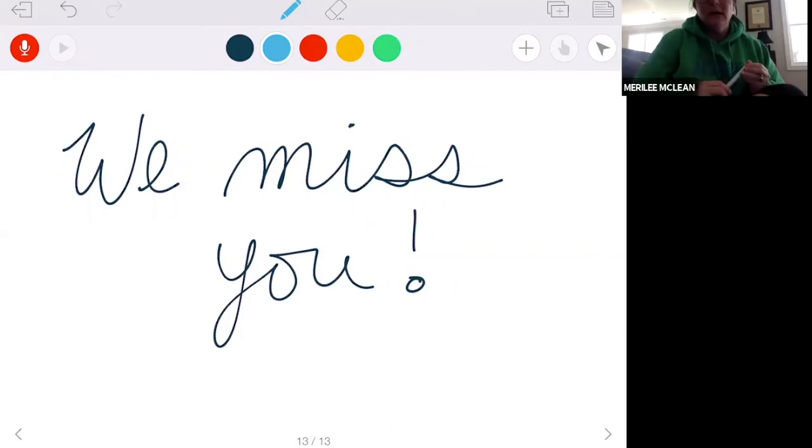I have a little Nearpod I need you to do that has me explaining what I want you to put in your interactive notebook with another example and a little exit ticket just to see where people are at. I don't want you sweating it. We just started it, but it will tell me what to do with groups for tomorrow, okay? So you do your best, try really hard. I love you. I miss you, Riley W. I'm proud of you. I could only see a few kids. I'm sure there are a lot of you that were rocking it. I just happened to see him. All right. Love you guys. Go do your Nearpod.